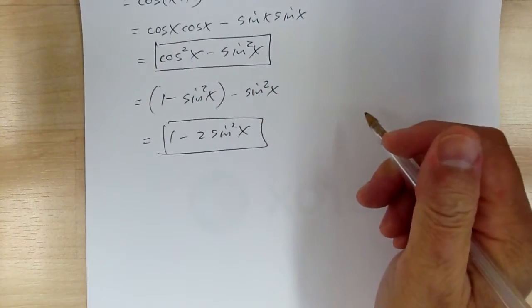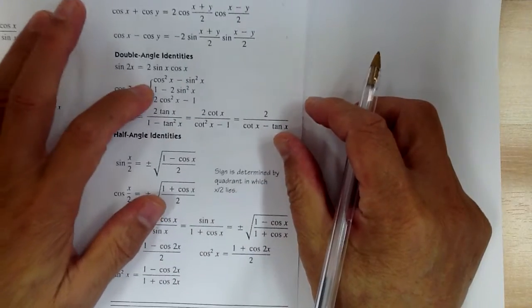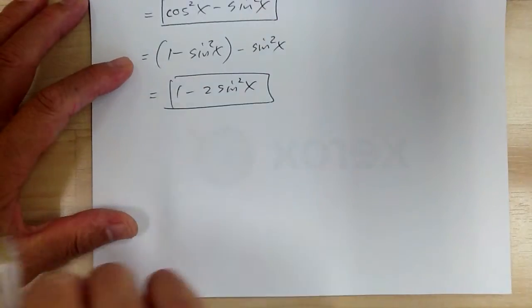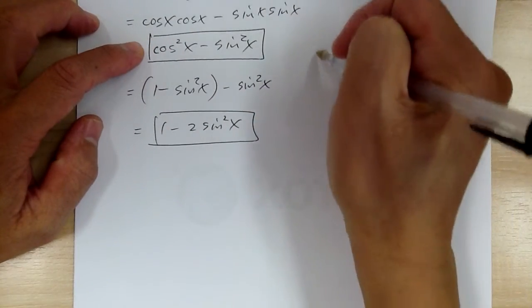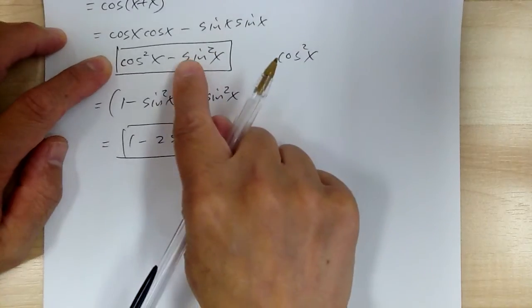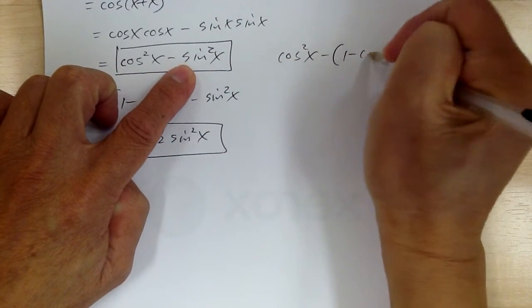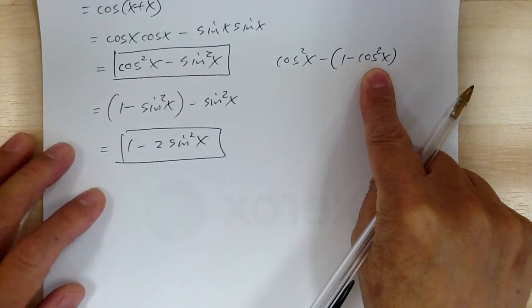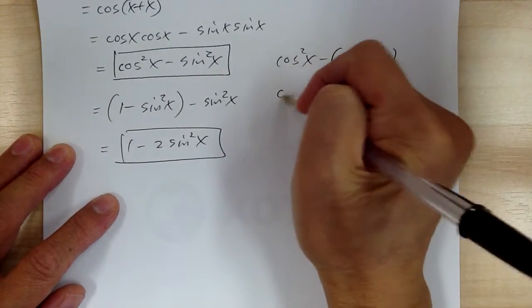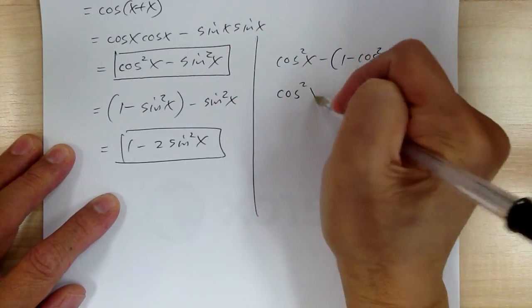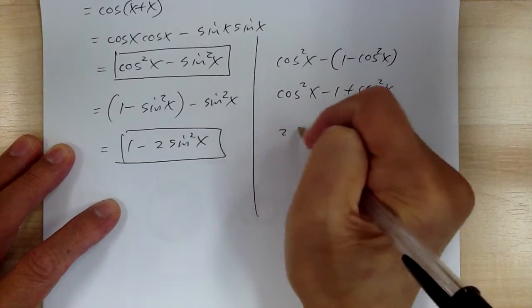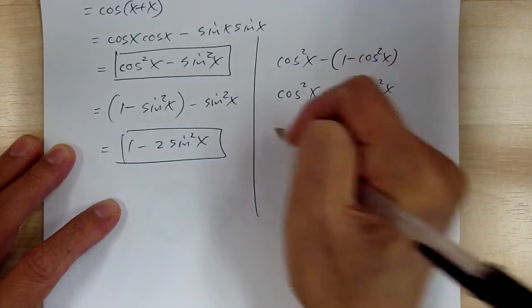Now if you change the other one instead, you get the third one. From here, if you change the sine square into 1 minus cosine square, this becomes cosine square x minus 1 plus cosine square x, and that's where you get 2 cosine square x minus 1. So again, that's where all these various forms came from.